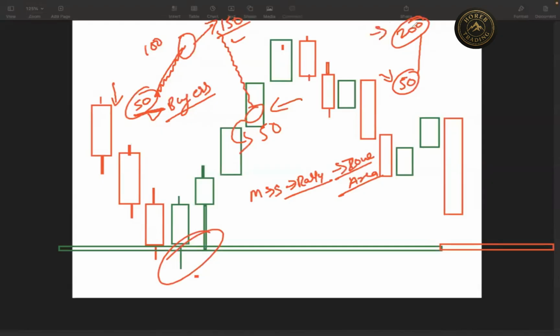So when sellers sell and the price comes back to 50, we see that many buyers will join. Many buyers will buy, so that will make the price jump again, or the price will move up.